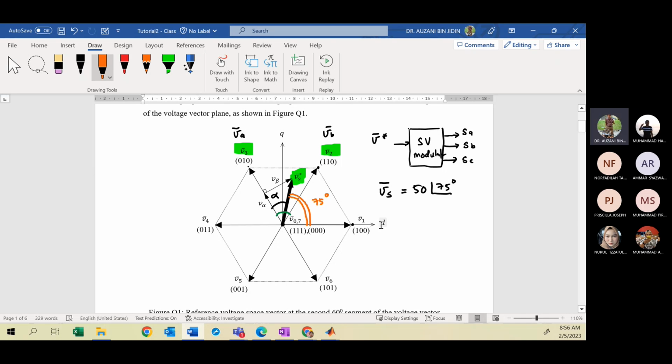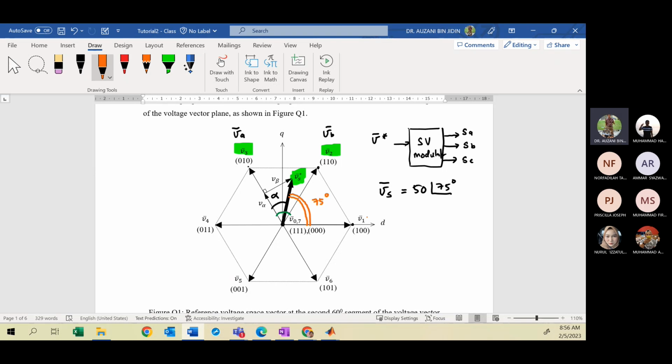To calculate the alpha, the vector plane is equally divided into 6 sectors, right? Each sector has the same size, 60 degrees. So what is the different angle between V1 and V3? You have to calculate this angle first before you calculate the alpha.